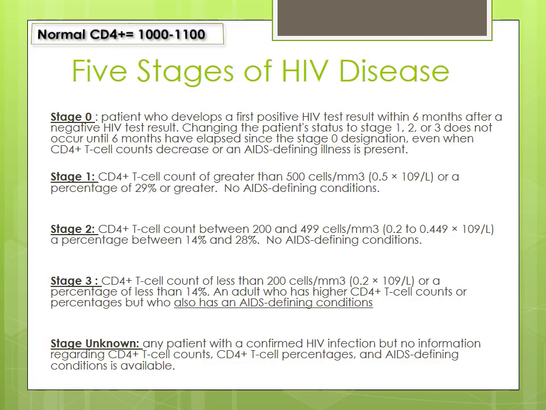The AIDS-defining conditions are these opportunistic infections, right, that typically we don't see in healthy individuals, but in people with HIV, their bodies can't defend themselves, so we see these diseases. These are things like bacterial infections, candidiasis all over the body. That one's super common, so know that.